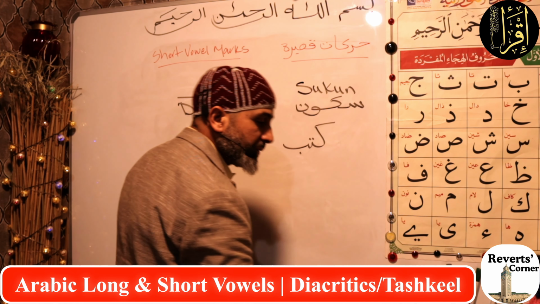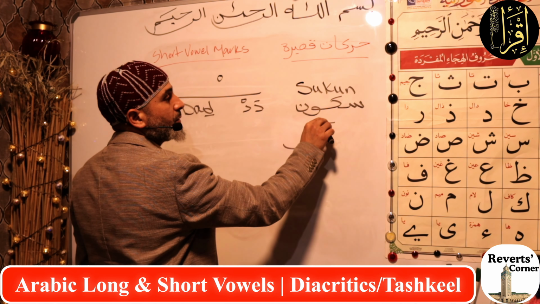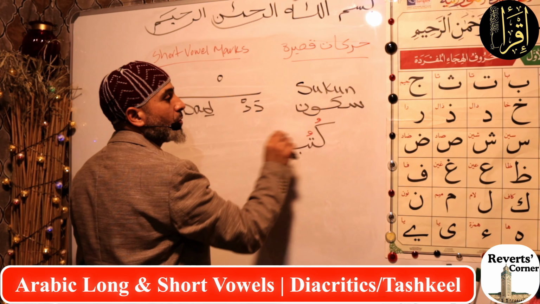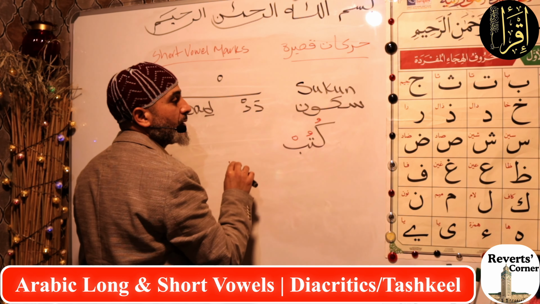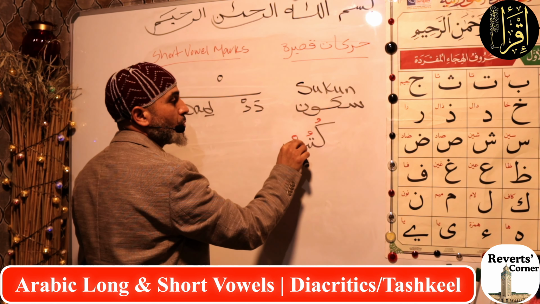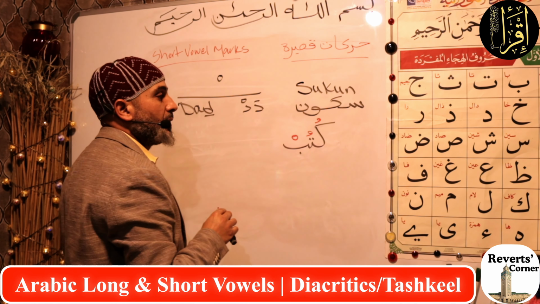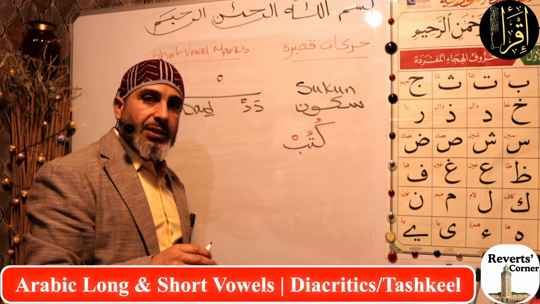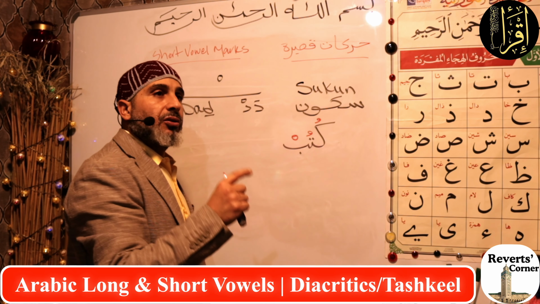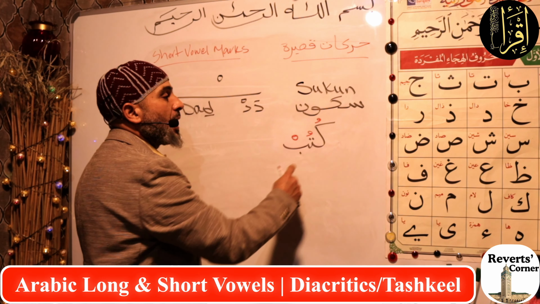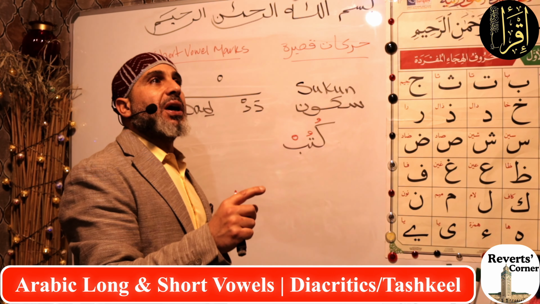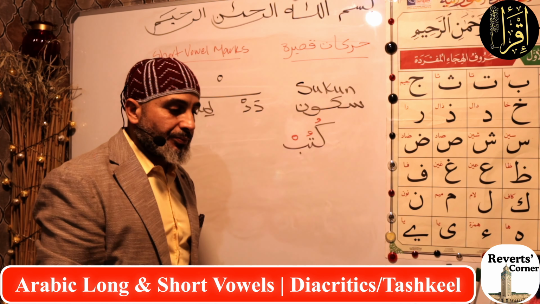If I assign diacritics, this is kutub, and here is the sukun. The base consonant is kaf, ku, ta, tu, and the ba is b. Kutub, books.